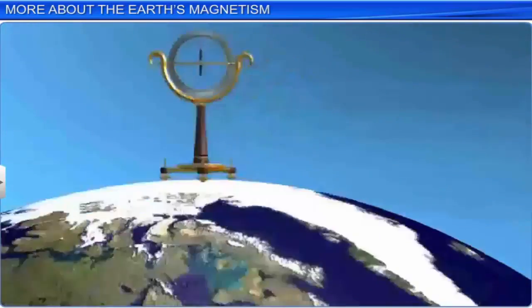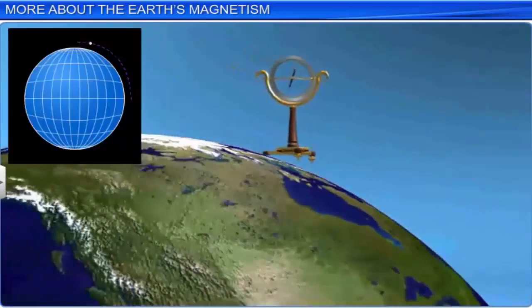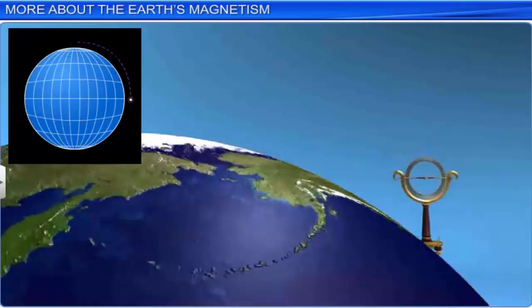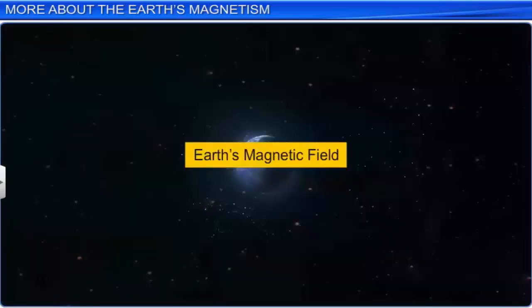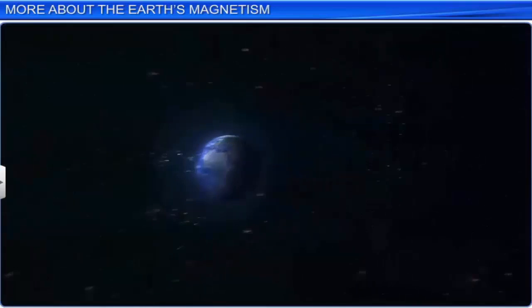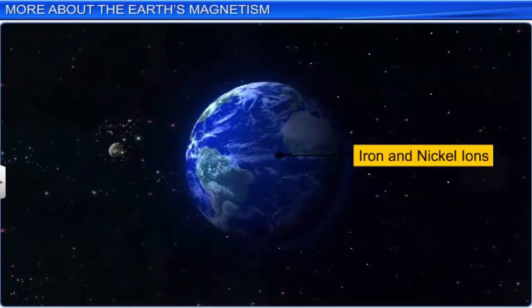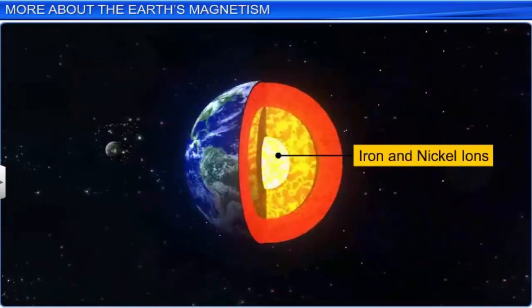Let us now discuss about the Earth's magnetic field. The Earth's magnetism is largely attributed to iron and nickel ions present in the hot and molten core of the Earth. This theory gains force from the fact that the Moon does not have a molten core, and hence it does not have a magnetic field.